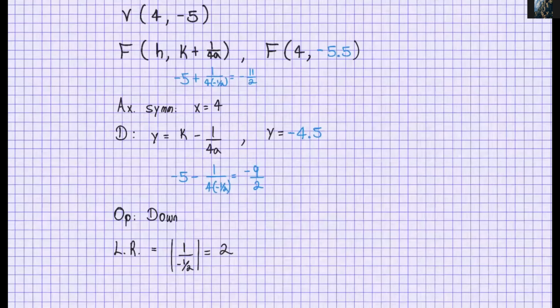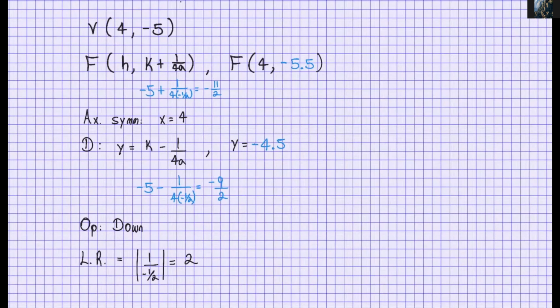Now we're going to use all of this information to graph our parabola. We're going to start with the vertex, then the focus, then the axis of symmetry, directrix, and finally we will use the length of the latus rectum. From there, we will be able to draw our parabola. So let's jump onto the graphing calculator.